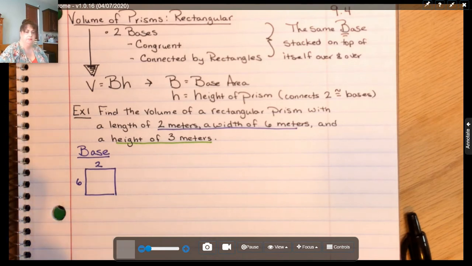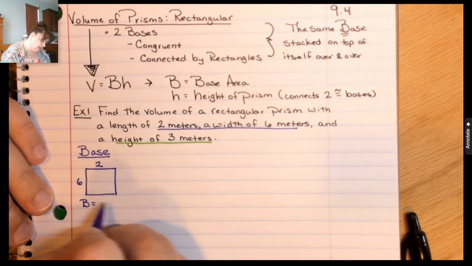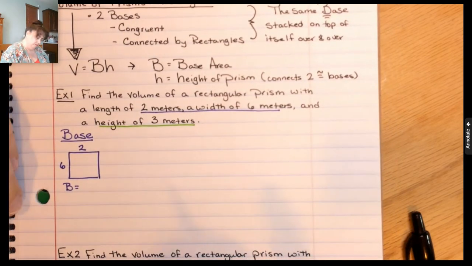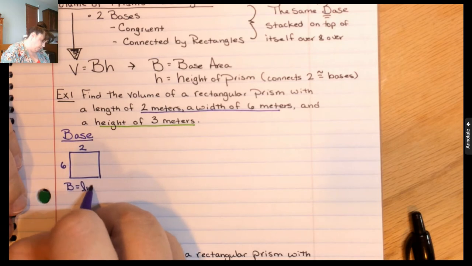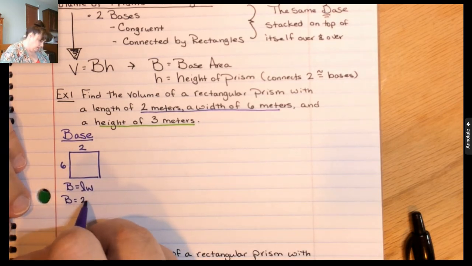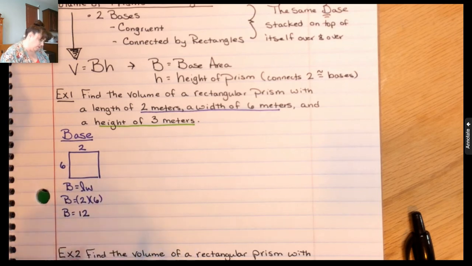There we go. So the base is a rectangle, so length times width, or base times height, depending on how you look at it. 2 times 6, which is 12.